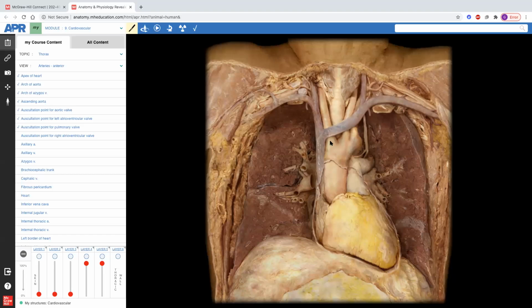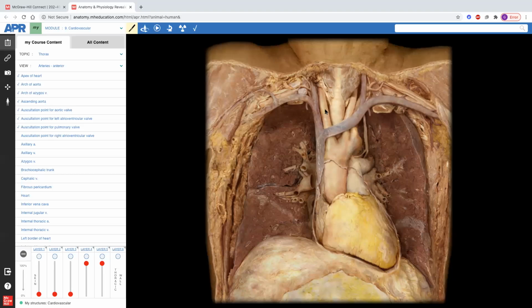So brachiocephalic trunk, first branch; left common carotid, second branch. The third branch is our left subclavian. Notice the right side only has one main trunk, one artery. The left side has two. The left side has a left common carotid and a left subclavian. Both come straight from the aorta.